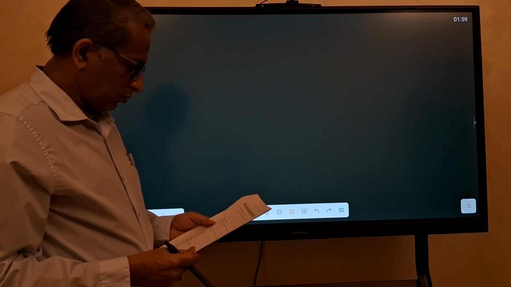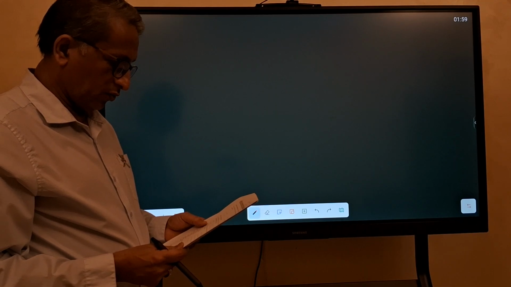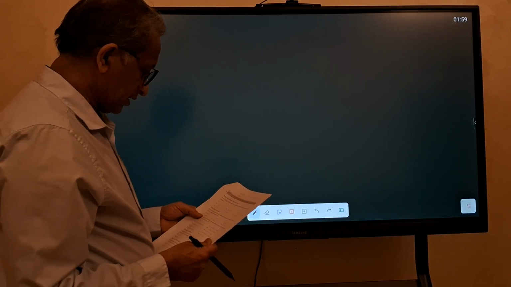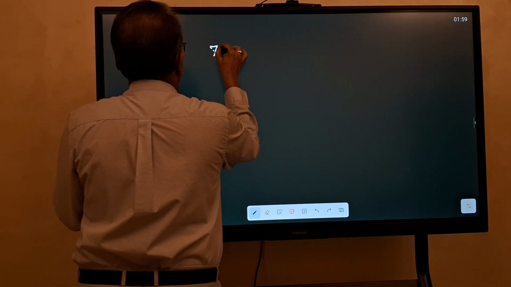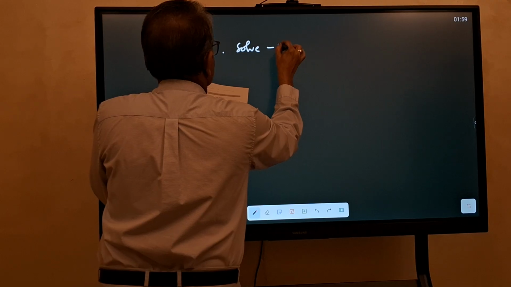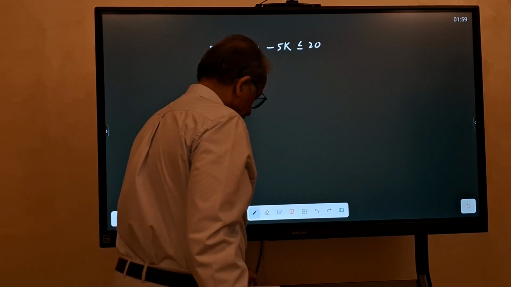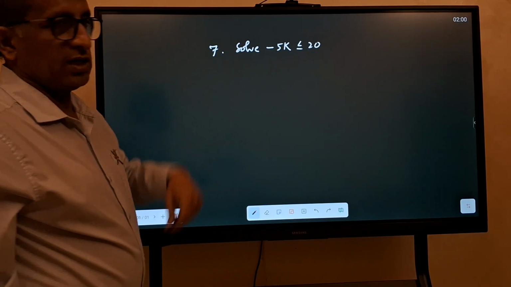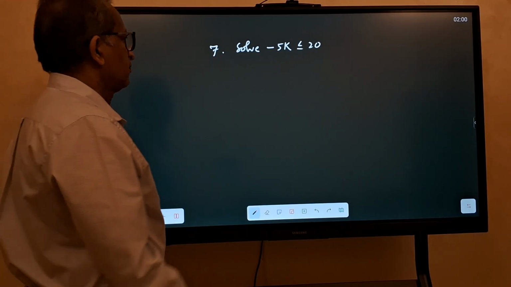Coming to solving the linear inequality, that is examples 4 to 9. Let me take one example here, number 7. Solve minus 5k less than or equal to 20. Here the variable is k, and I need to find the value of k.